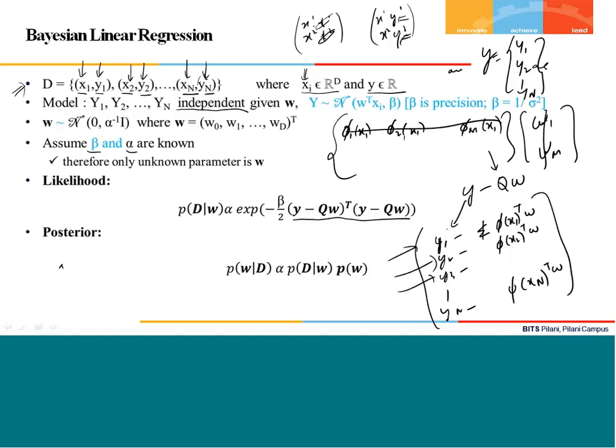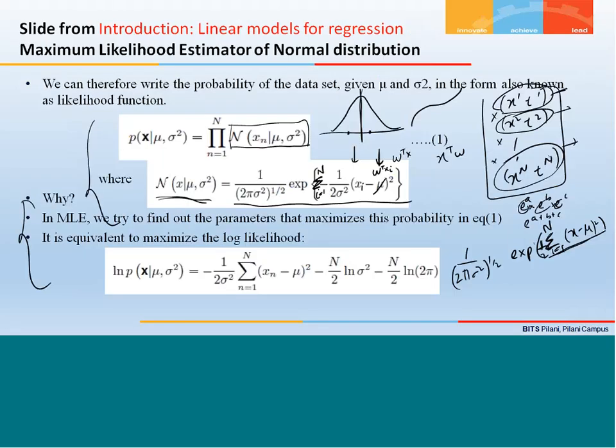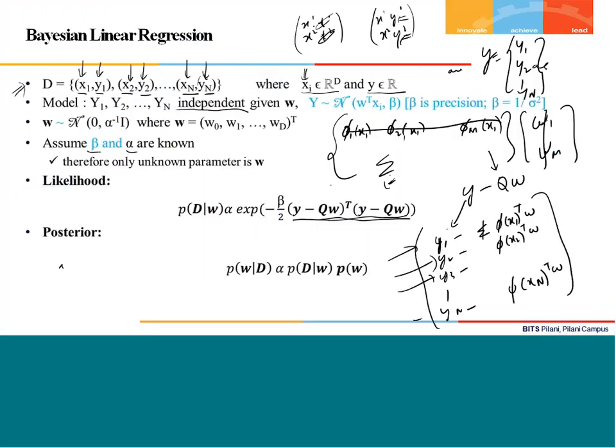Transposing and multiplying, I get this expression, which is nothing but the sum of squares, summation i equals 1 to n of y minus W transpose x. So this is the same thing.